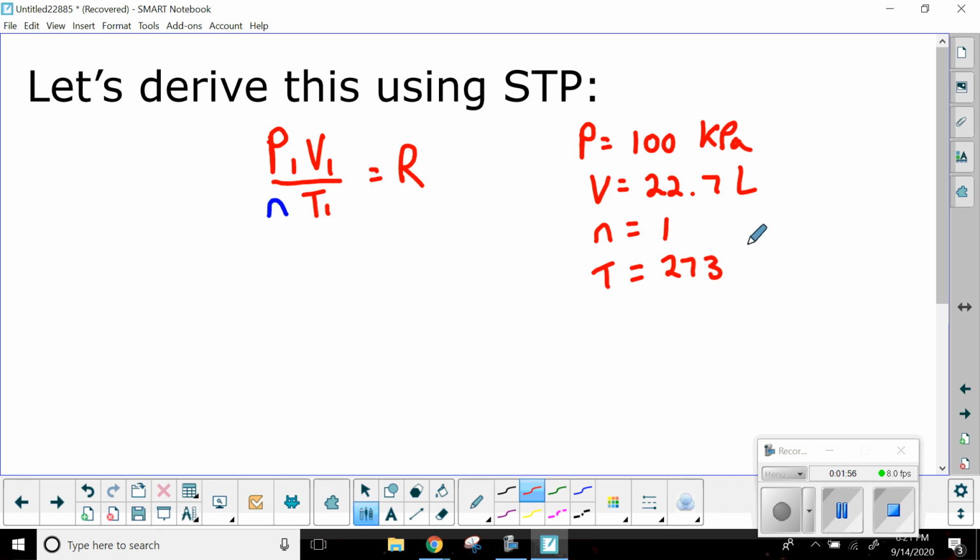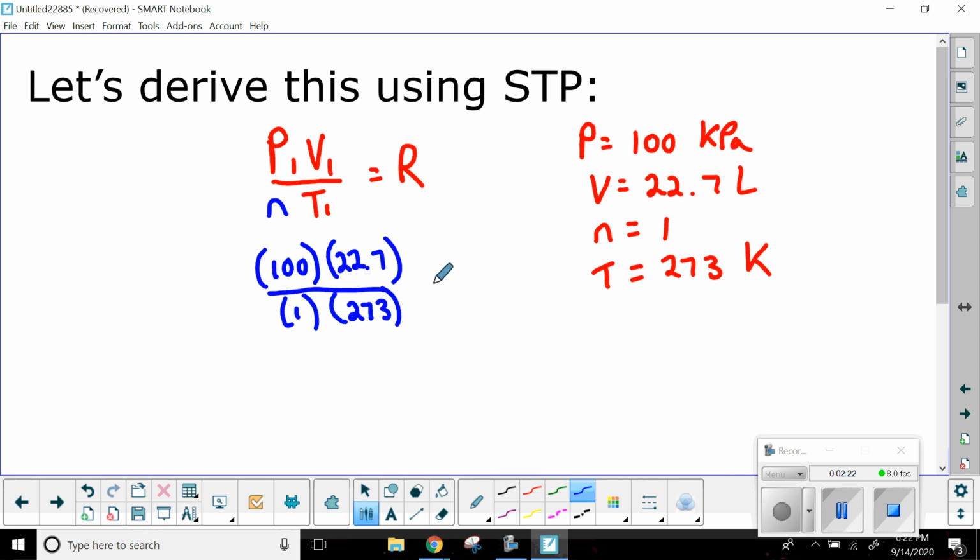And yes, for the ideal gas law, your temperature has to be in kelvins. So let's just shove it all in. I've got a pressure of 100, a volume of 22.7, 1 mole, and I'm going to consider these all exact values, by the way. And my temperature is 273.